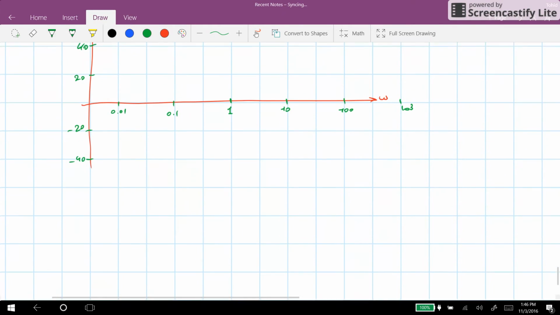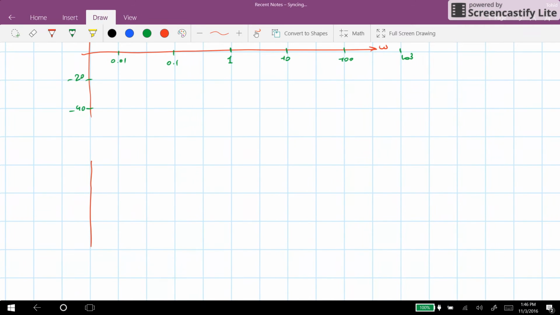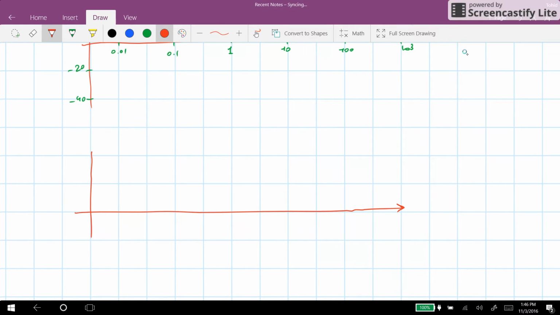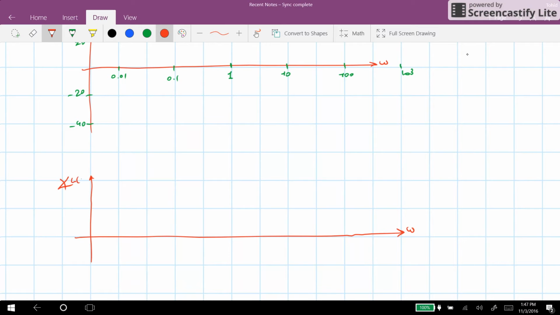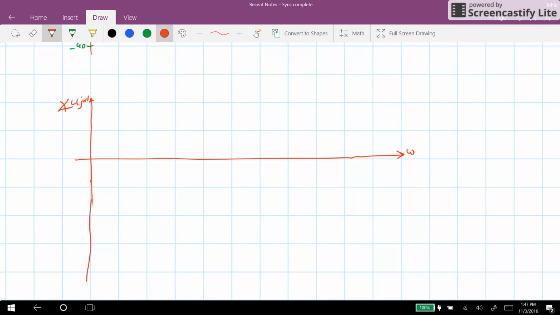So this is what we will use to draw the Bode plot for the amplitude, and at the same time we have the plot for the phase or angle of L(jω). Assuming here we have π/4, π/2, minus π/4, minus π/2, minus 3π/4, minus π, and so on.